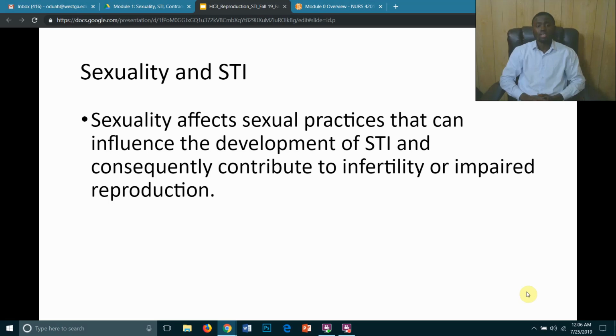Sexuality affects sexual practices that can influence the development of sexually transmitted infections and consequently contribute to infertility or impaired reproduction. Sexually transmitted infections are sometimes also referred to as sexually transmitted disease.